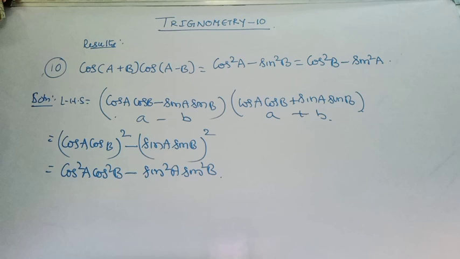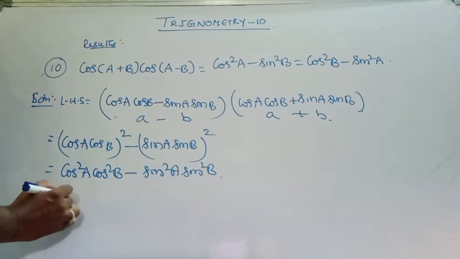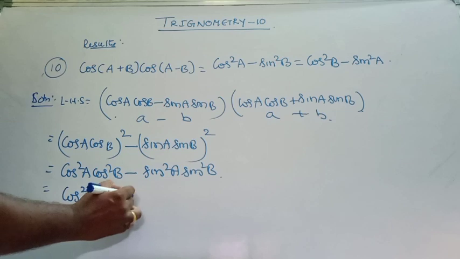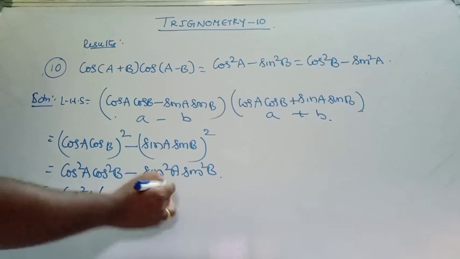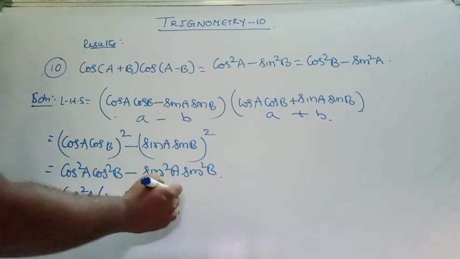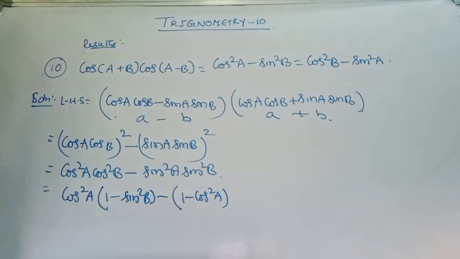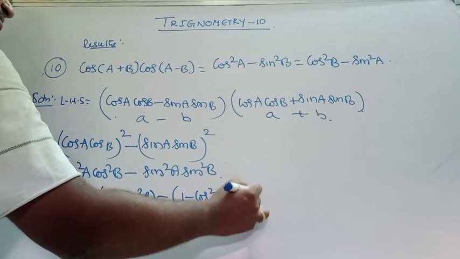Wonderful. Now we have to get this as cos square A minus sin square B. That's why what I do is here cos square A into this cos square B, I write it as 1 minus sin square B, minus this sin square A, I write it as 1 minus cos square A, right, into sin square B, right.